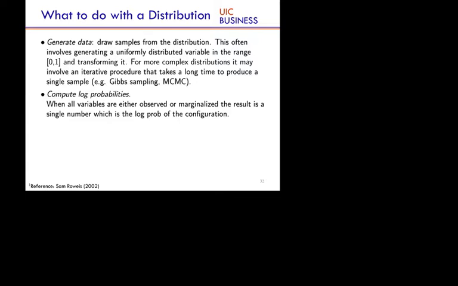The second thing is you can compute the probability of a configuration. If it's a multivariate Gaussian, you can compute the probability that all the coordinates of your random vector are, let's say, less than 0. You can compute the probability of that event. So with a joint distribution, you can compute probabilities of events, and you can also sample a realization.